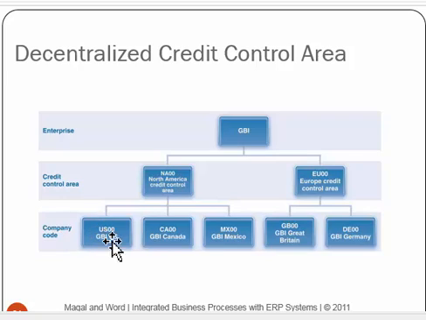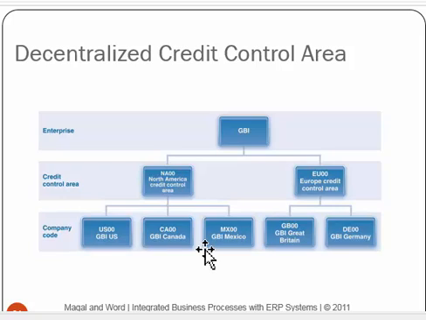Now, why is it in this case that I have one control area for 3 company codes? But it is still decentralized. It is decentralized because you have 2 credit control areas, one for Europe, one for North America.